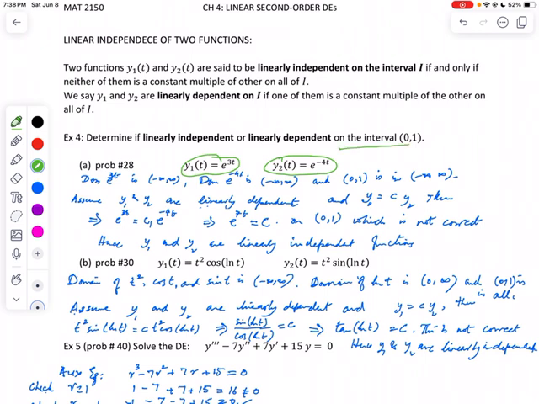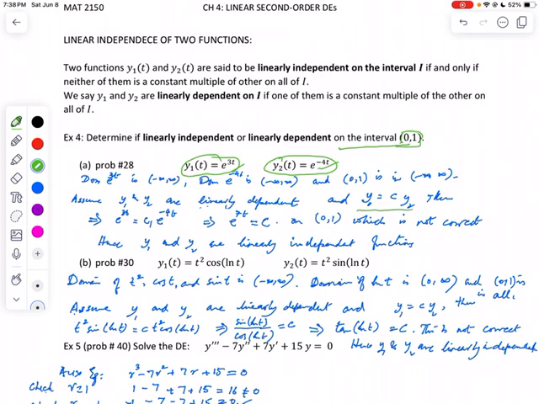But before we do that, because the problem mentions the interval, we have to make sure that this interval is in the domain of the function. The domain of e to the 3t and e to the negative 4t is minus infinity to infinity, all real numbers, and (0, 1) is in that, so we are okay.